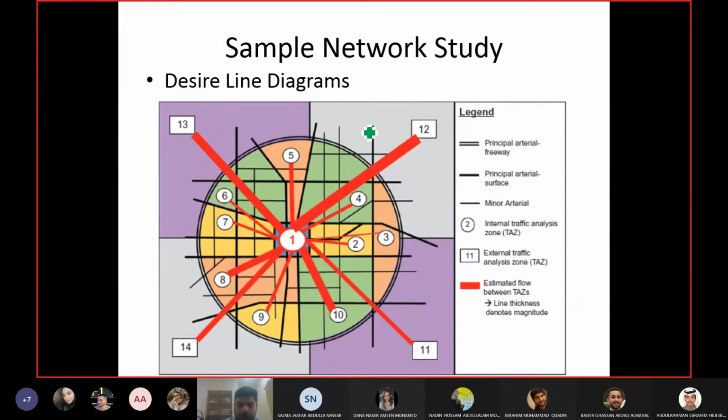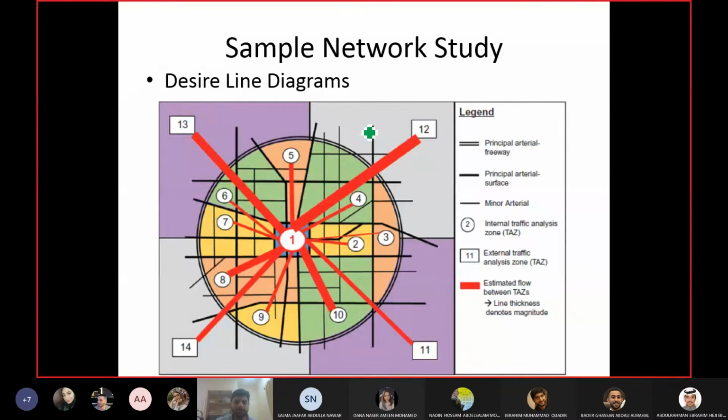So if you have 14 zones, then you can have 14 desire line diagrams. It will be a lot of diagrams, but at least you can understand something from here. It is not crowded, and you can see which trips are coming from here and going to the other side. Otherwise it becomes crowded and you would not know which line is coming from where.